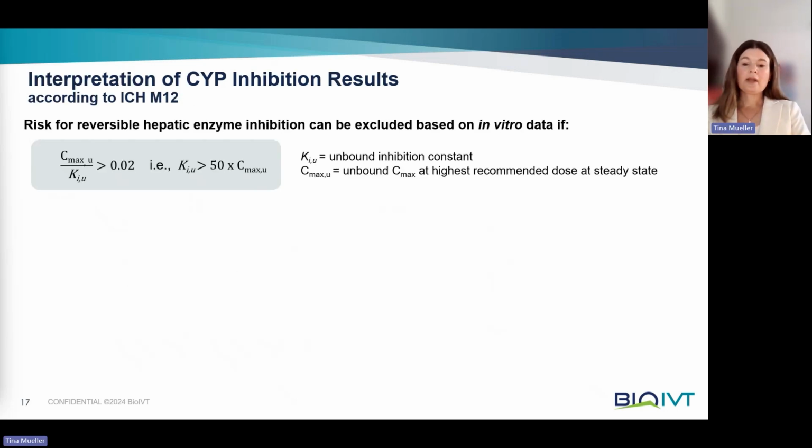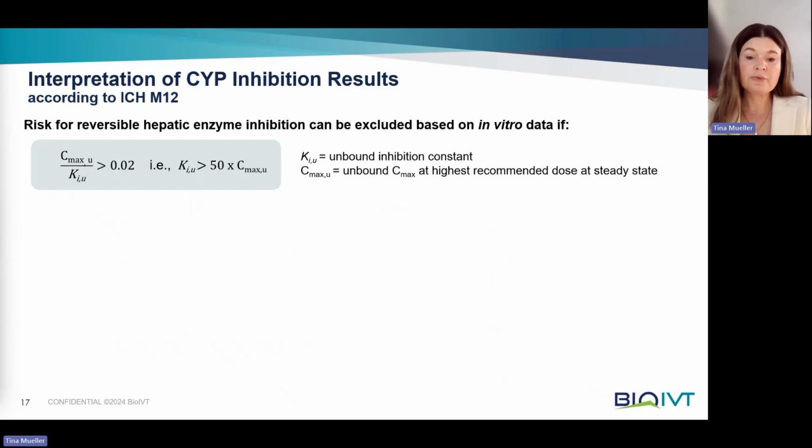So finally, let's discuss the interpretation of CYP inhibition results. The overall objective is to determine whether clinical studies, DDI studies, are needed, and there are equations in the regulatory guidelines to do so.